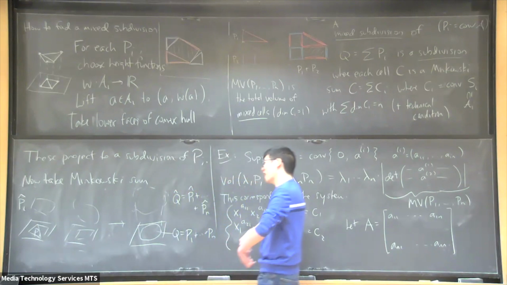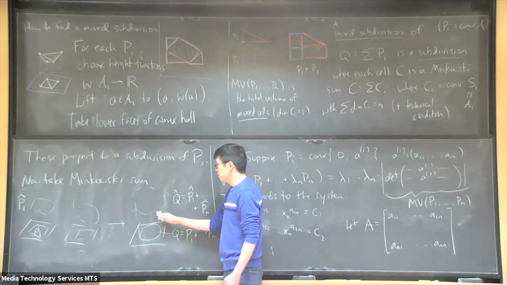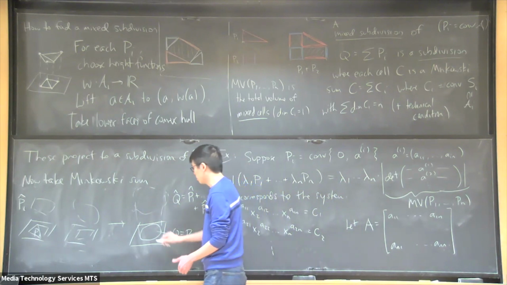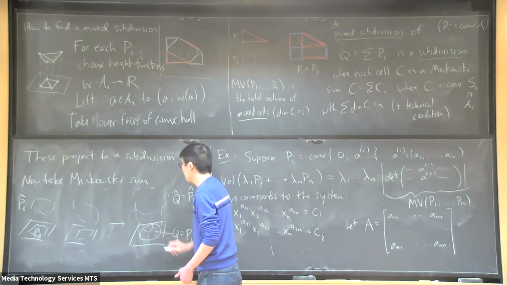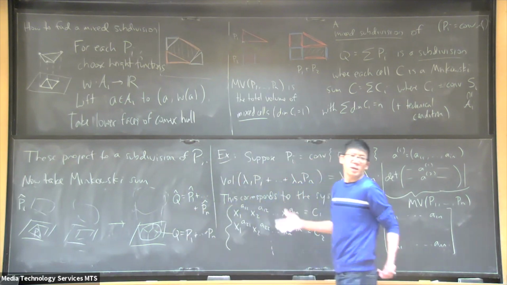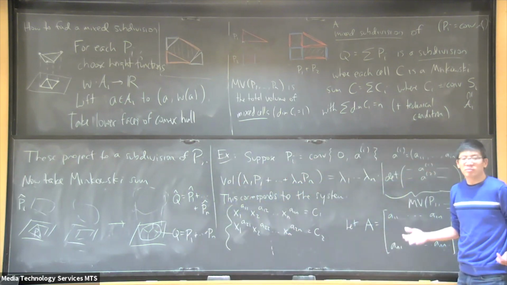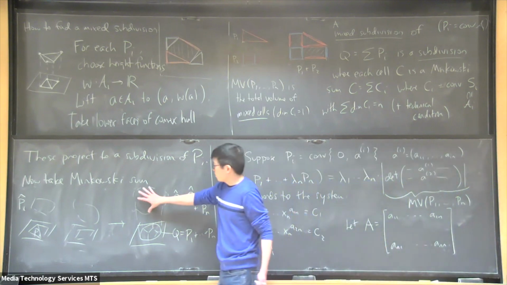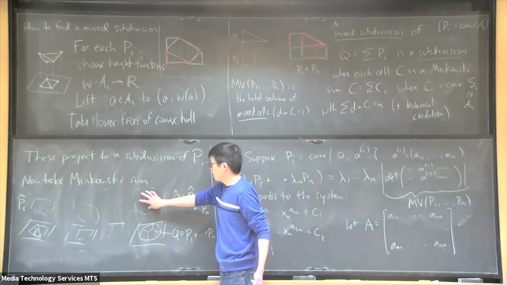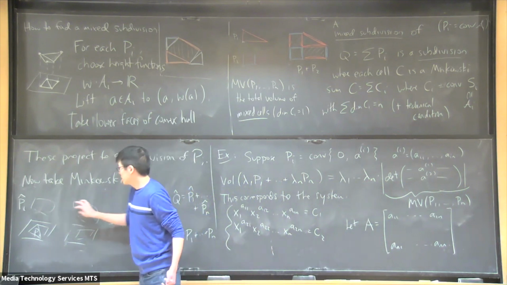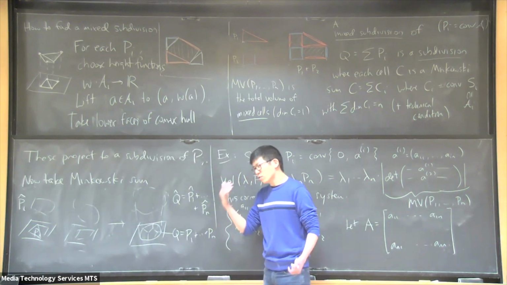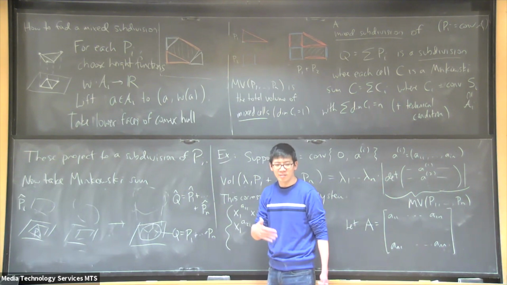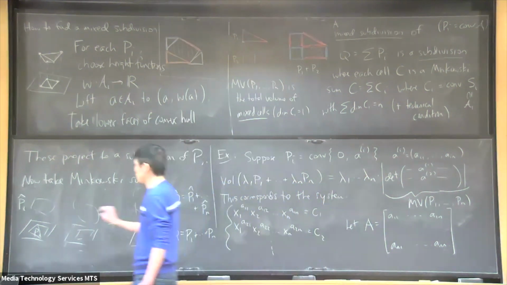And again, if I take the lower faces of this Q hat, then that will project onto some subdivision down here. The claim is that that will actually be a mixed subdivision. The reason is that this guy up here is a Minkowski sum of these things here, and each face of a Minkowski sum is going to be a sum of faces of each of the pieces.